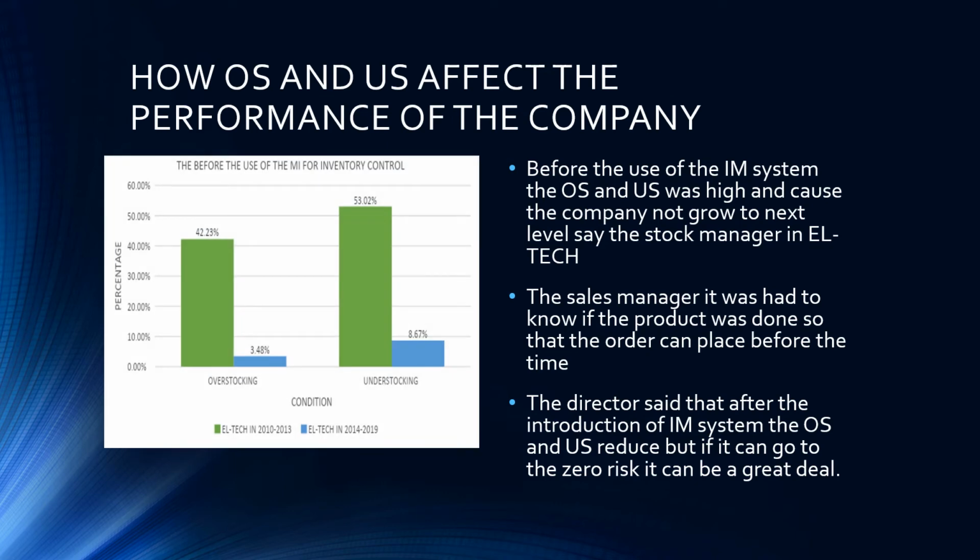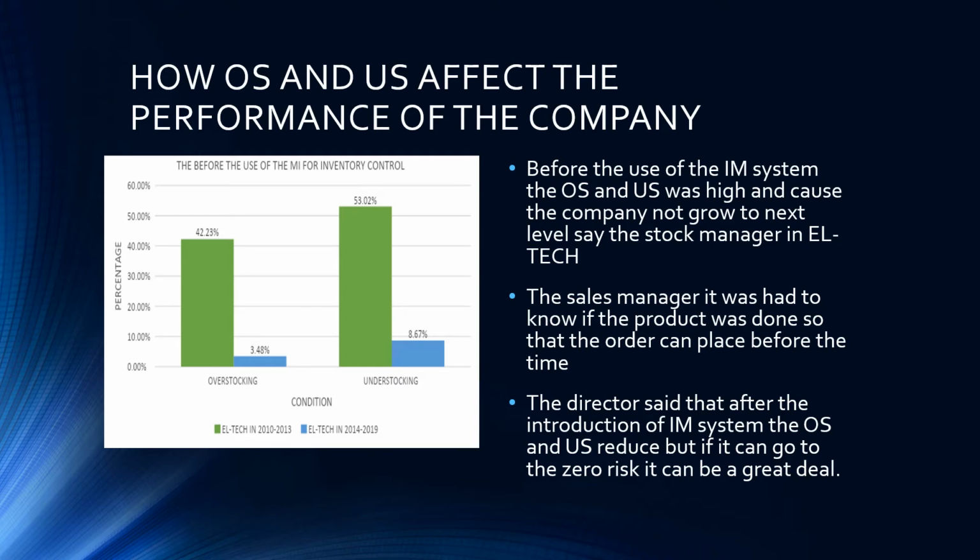This is how overstock and understock affected the performance of the company. As you can see on this graph, before the use of the inventory management system, overstock and understock were at a very high level, where overstock was at 42 and understock was at 52.